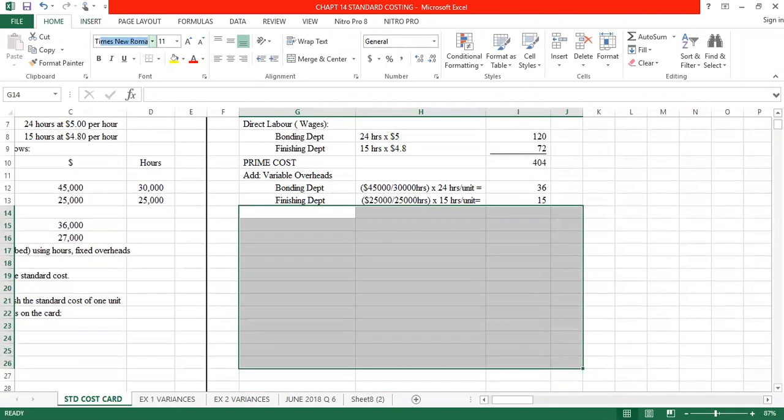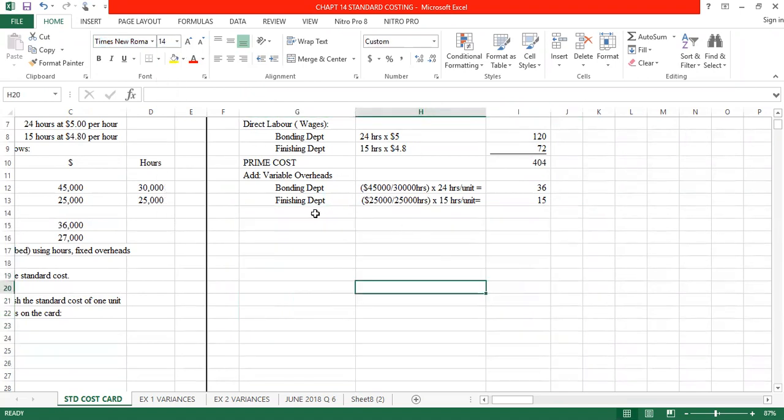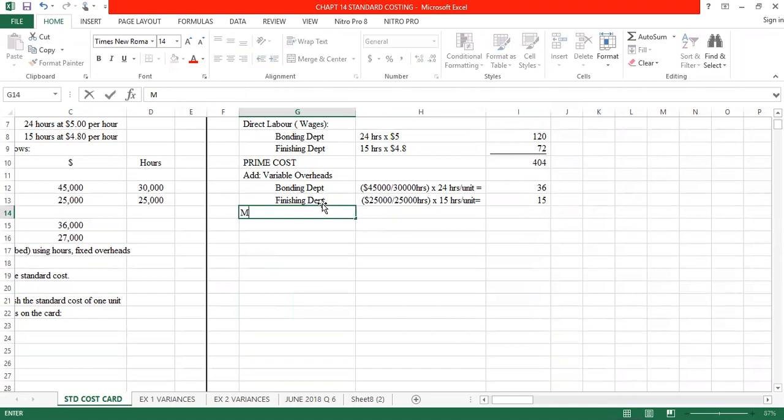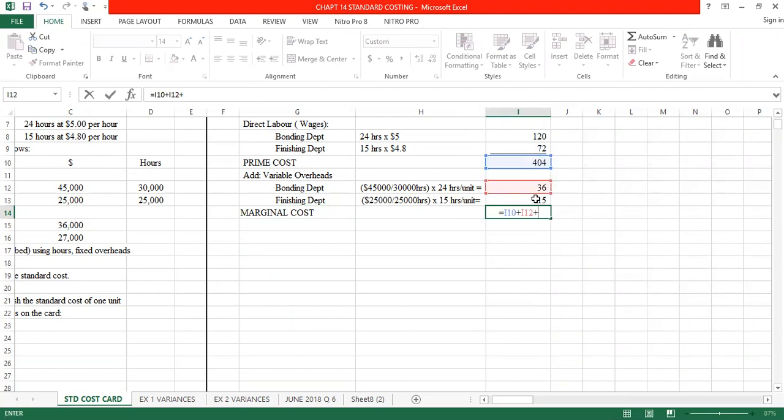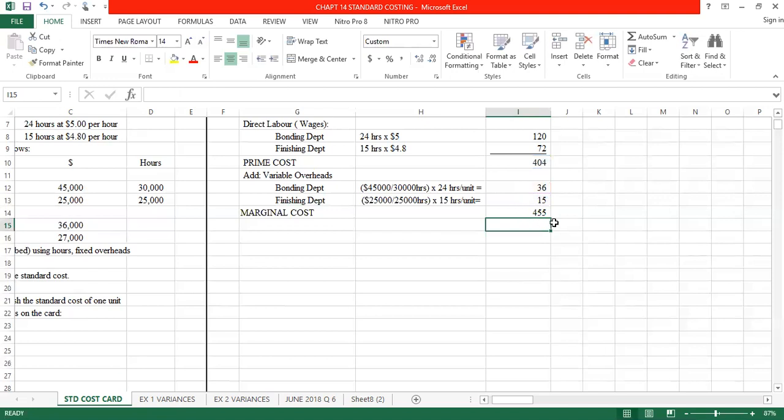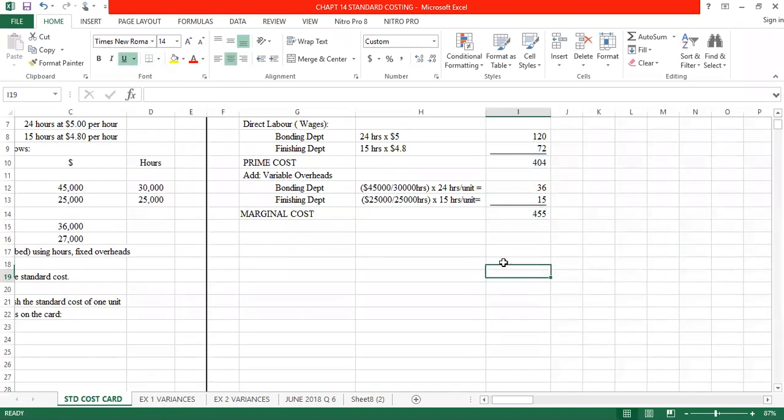What you get is called marginal cost. So what is our marginal cost? Marginal cost is 404 plus 36 plus 15. What you get is 455.